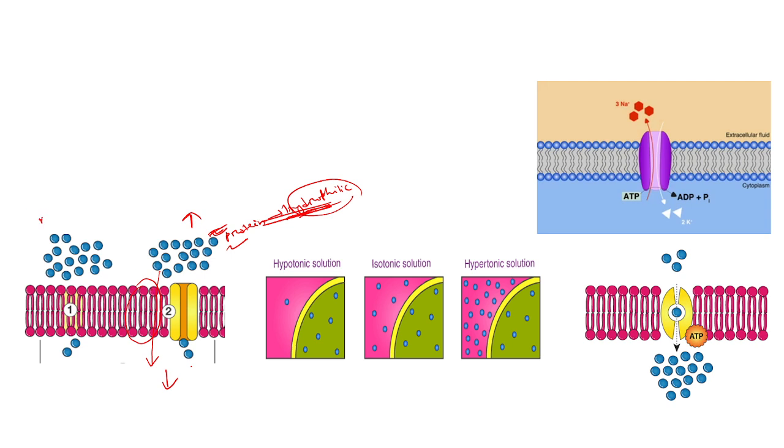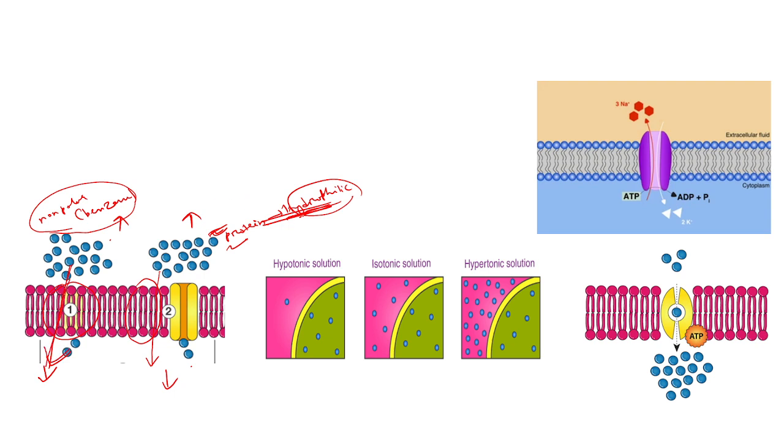But if a non-polar molecule, for example benzene, is present at the higher concentration at the outer side and lower at the inner side, it can directly pass through the layer, because the lipid layer is hydrophobic and the non-polar benzene is also hydrophobic. So they can interact with each other and easily pass through the membrane.